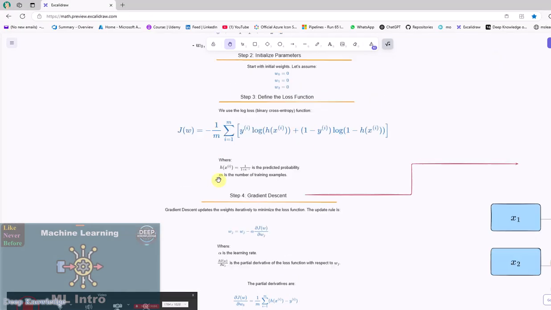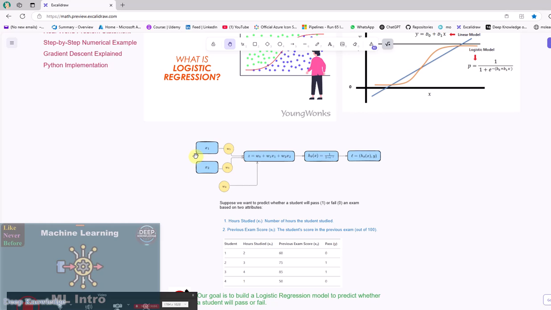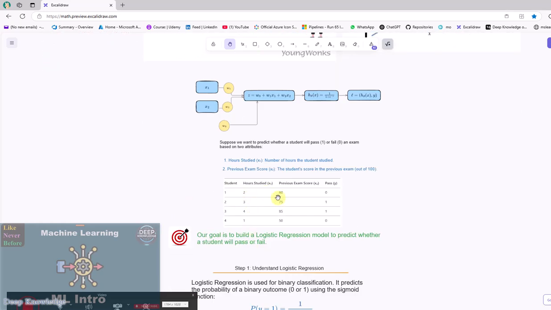So let's get started. I made this as a graph so it will be easy for you to follow. We have this data set here, which has two variables: hours studied and previous exam score. For instance, if the student studied 2 hours and got 60 in the exam, and he will not pass, so this is the class label.